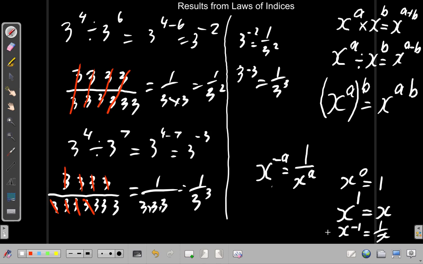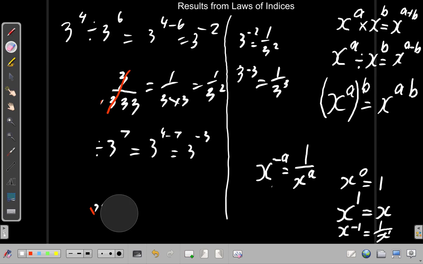In fact, when we said x to the negative 1 is equal to 1 over x, it's the same thing. It's just that we can write this as 1 over x to the 1. Right? You see that? So therefore, let's erase some of what we have here.